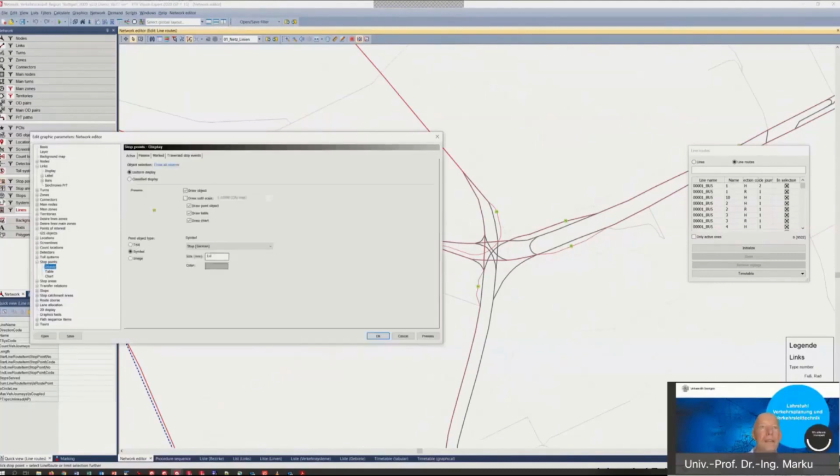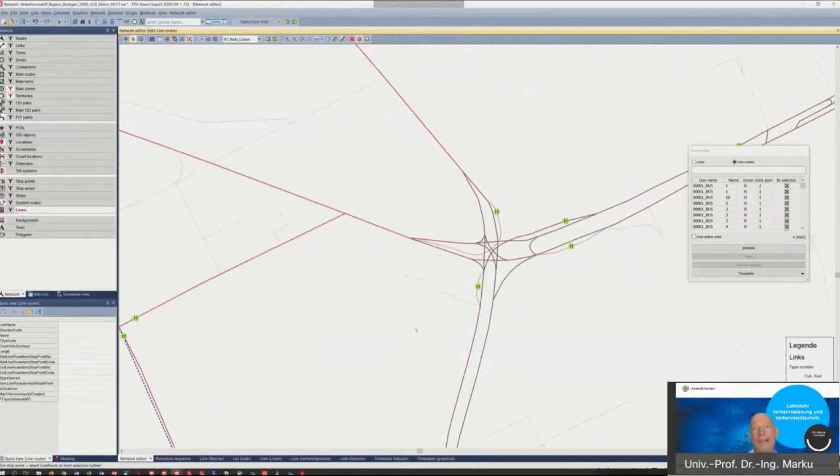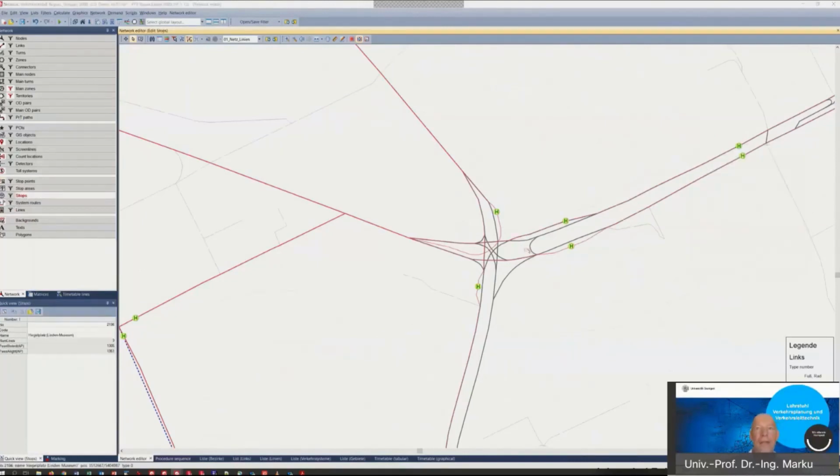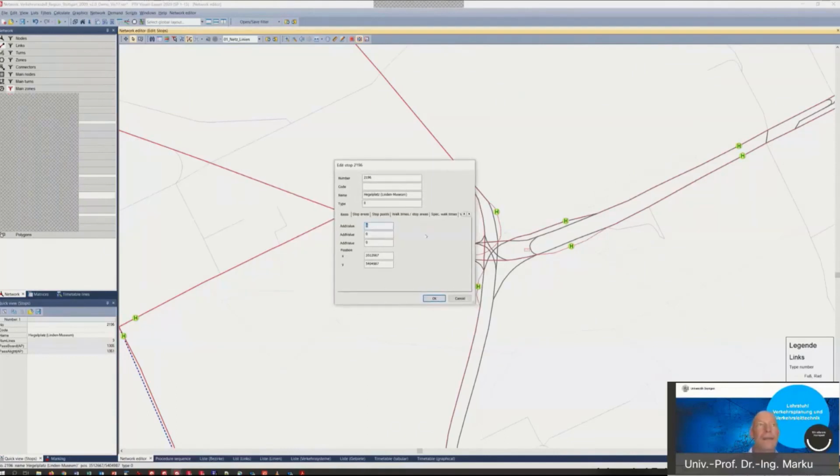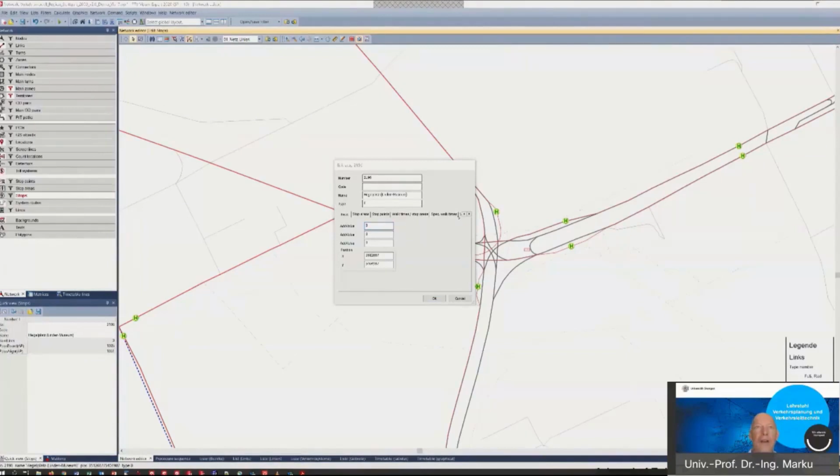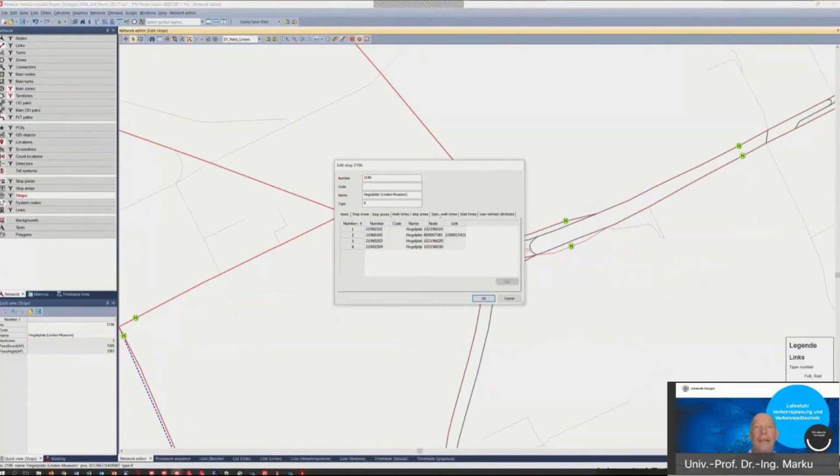You see that the stop points, this is where the vehicles actually stop. But if you look at the entire stop, which is somewhere here, you can see that it's hidden behind. You can see that we have several stop points here, and that we have information on times between those places.